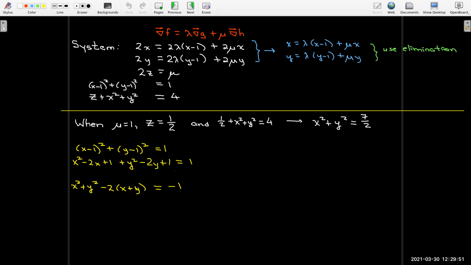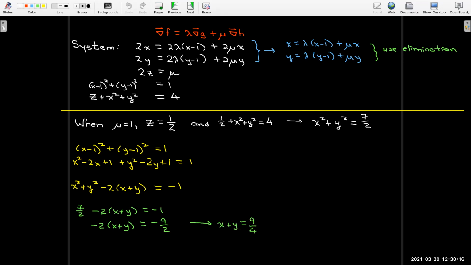I had a 1 plus 1, which would be 2. 1 minus 2 will give me -1 on the right-hand side. Now I can replace the x squared plus y squared with 7/2. This still does not get me a value for x or y, but I can solve and get a relationship between x and y, which is now linear.